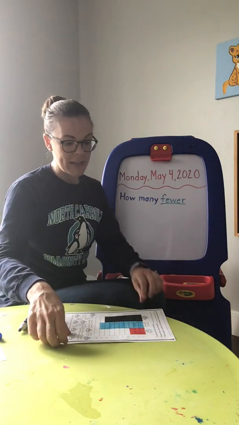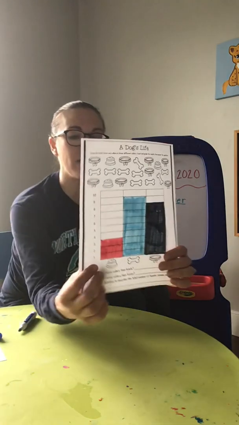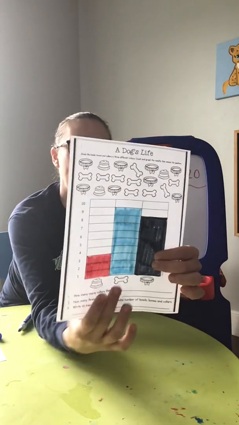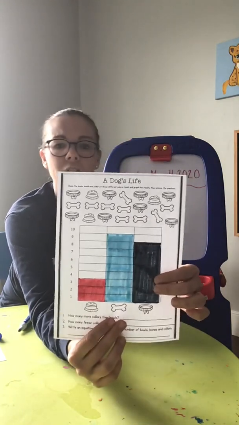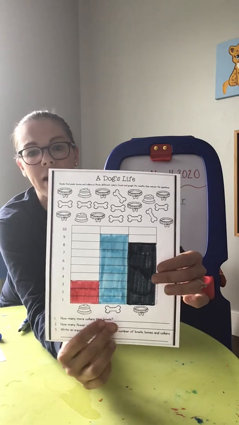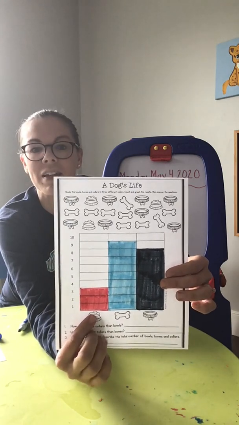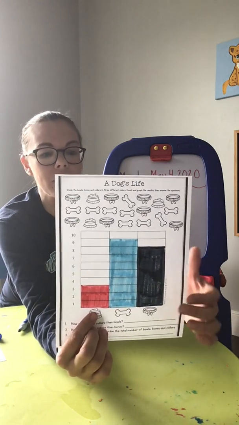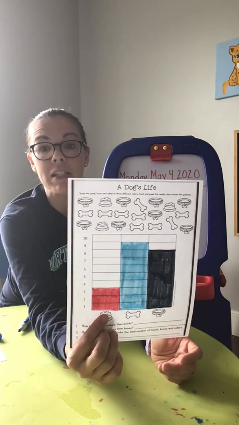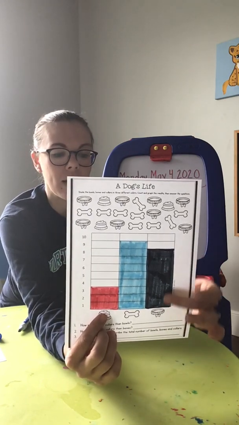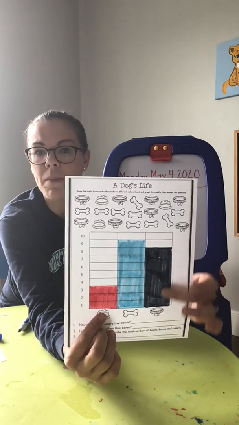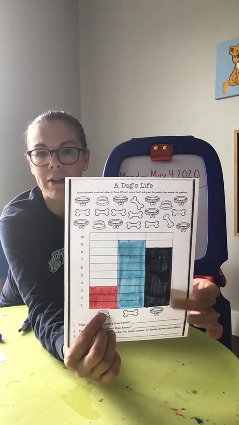So if I were asked how many fewer collars than bones, these are the two objects that I'm going to be comparing. I don't even need the food for this question. How many fewer collars than bones? Well, my smallest number is the collars, right? So this is the fewer number we're looking for here.